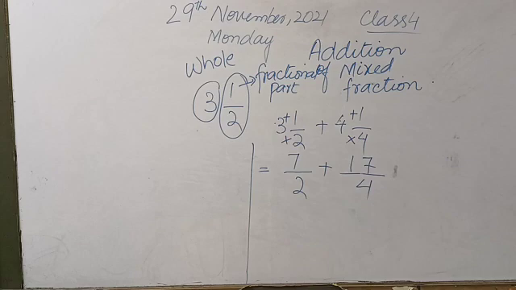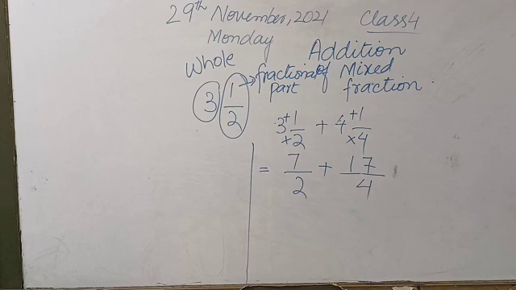Both having denominators are different. एक 2 है और एक क्या है 4 है. So what would we do? As I have told you many times, when we have two fractions, we will simply make the denominator same.